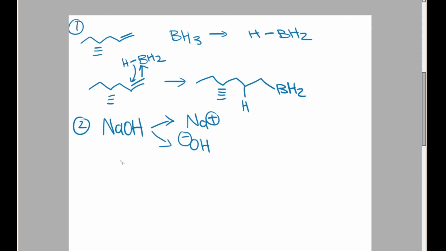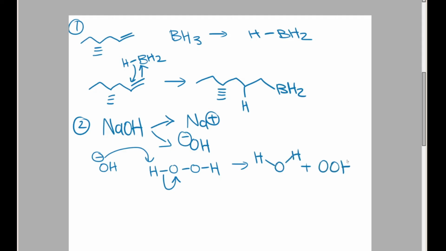And in this case, the dissociated OH minus ion will grab onto this hydrogen from the H2O2, and then this other bond will dissociate and dump its lone pair electrons on the oxygen next to it. And then you'll have a water molecule and OOH with a negative charge on one of the oxygen atoms.